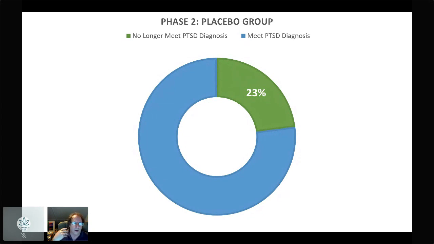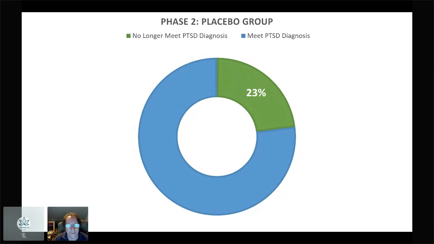And we got 23% of the people at the 2-month follow-up after the last experimental session. 23% of the people who were in the control group no longer had PTSD. What that is basically showing is that that's comparable to other non-drug psychotherapies, but it also shows that we're really trying hard even when it's the control group.